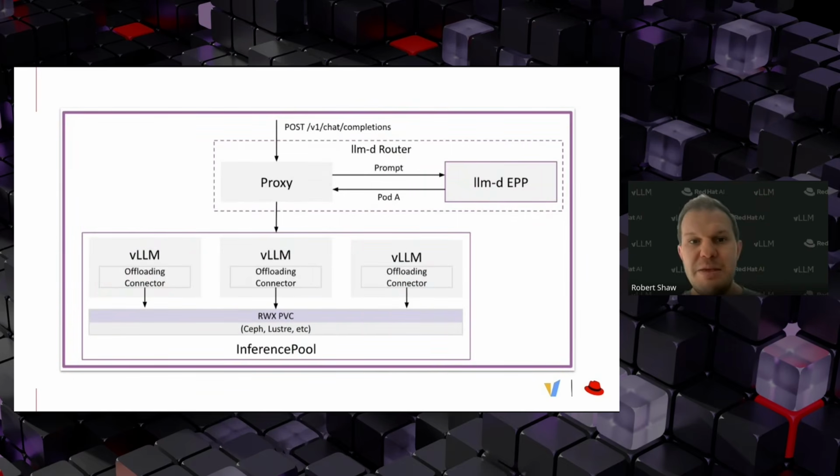Beyond this, the EPP and LLMD and vLLM have worked very closely together to offer KV cache management. As I mentioned before, the KV cache and prefix cache hit rates are an extremely important optimization to maintain. Inside of vLLM, KV caches are held in GPU RAM in a least recently used structure.